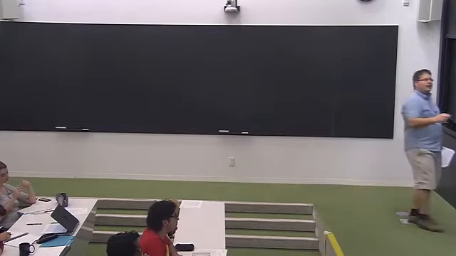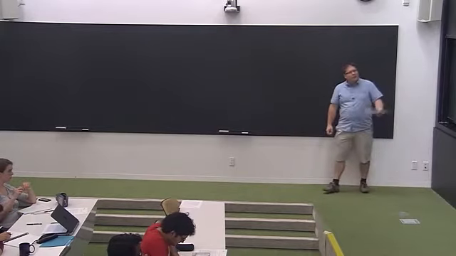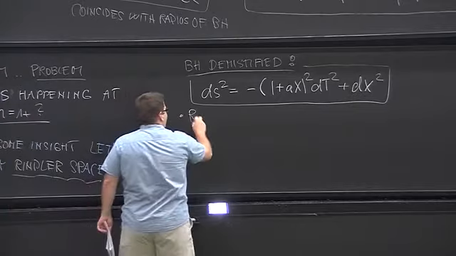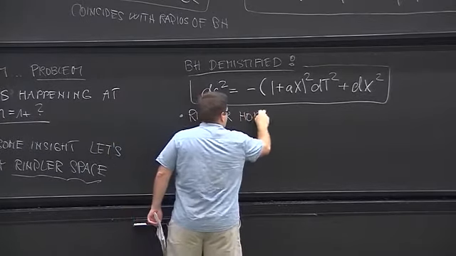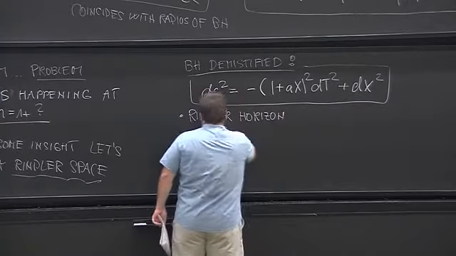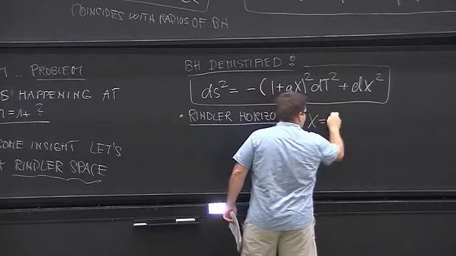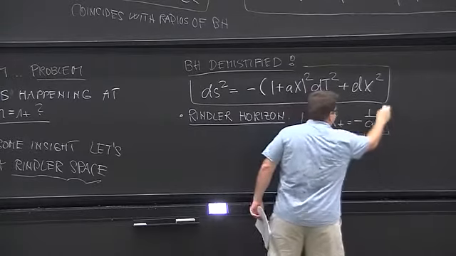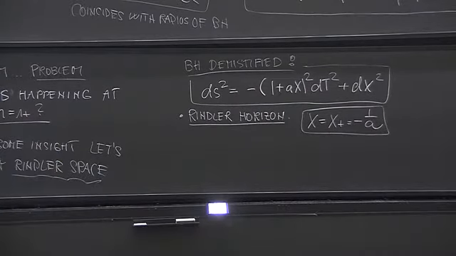So now you immediately see that there is again a problem with this metric, and the problem happens when x is equal to minus 1 over a. So we have the Rindler horizon, where the metric is no longer well defined, and that happens when x equals x plus equals minus 1 over a. Okay, and so you see that the metric has a problem there.